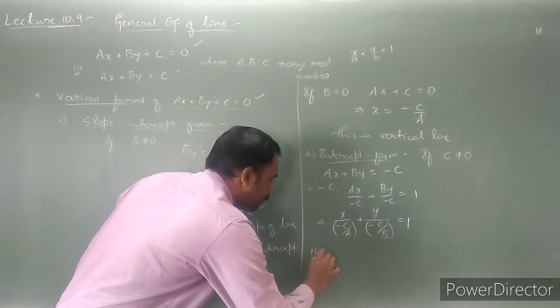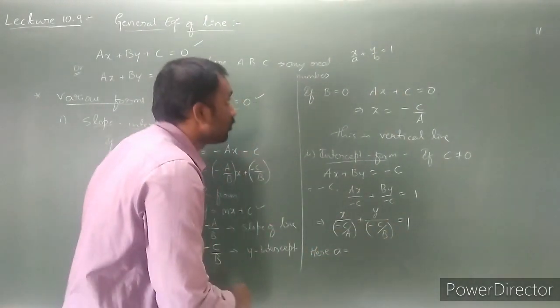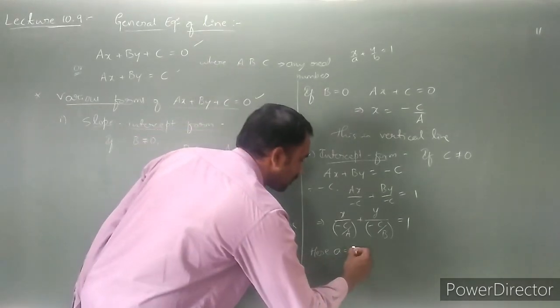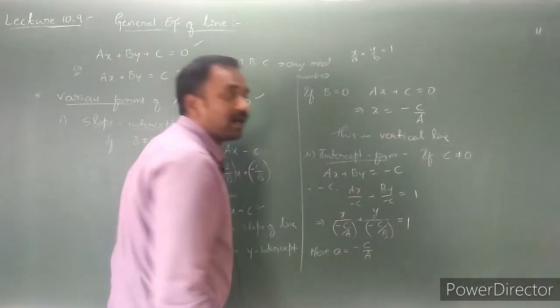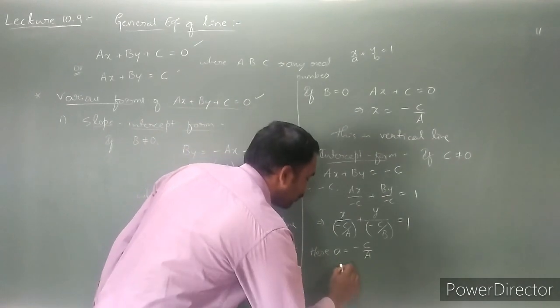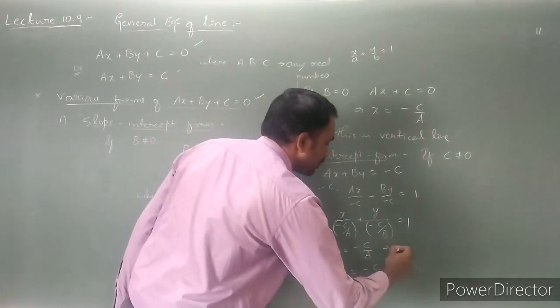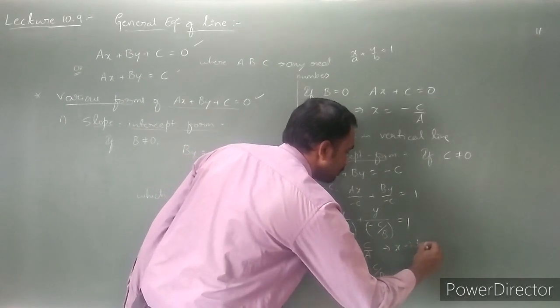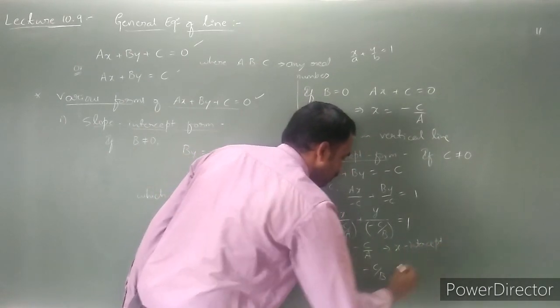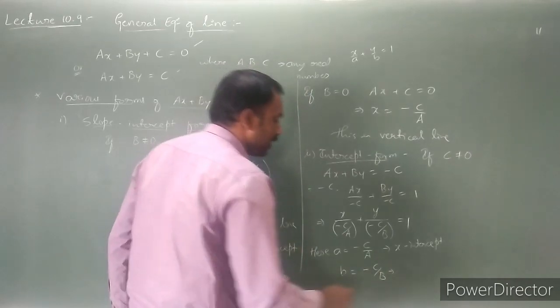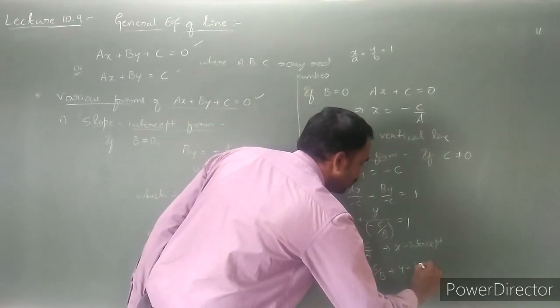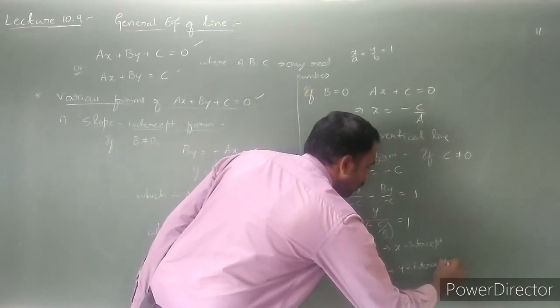So here a is equal to how much? a is nothing but the x-intercept. The x-intercept is equal to minus c by a. And b is equal to minus c by b, which is nothing but the y-intercept.